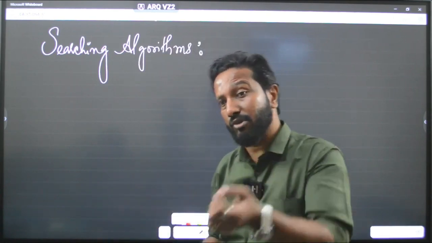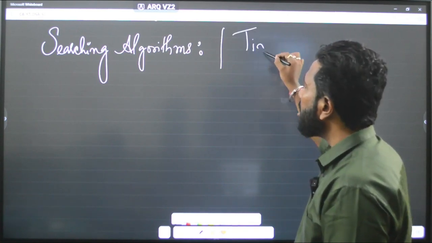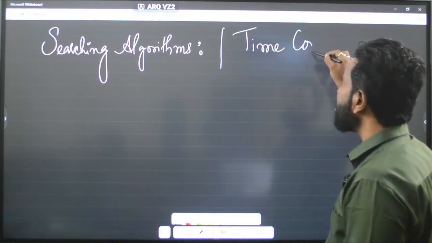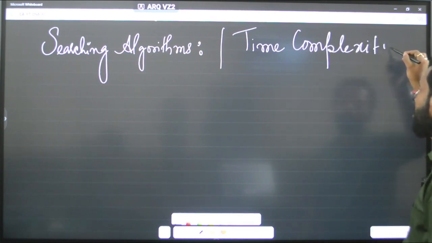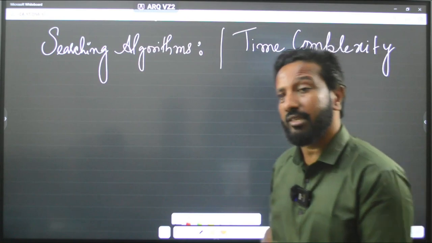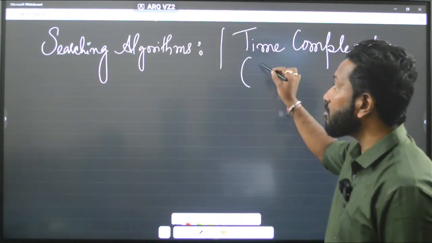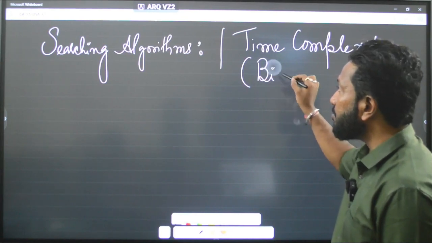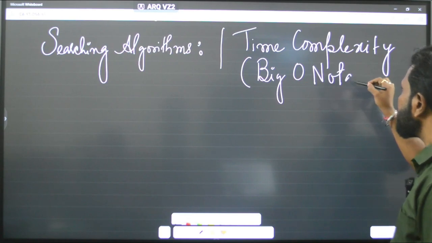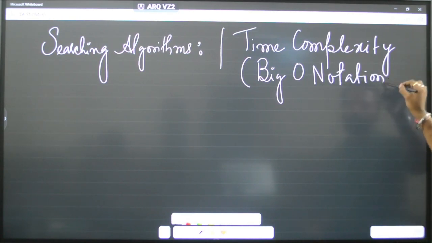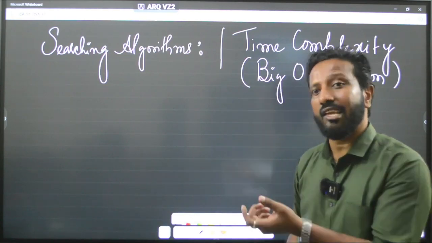And guys, one more very important thing: you should know the time complexity. This is not the practical time complexity, this is the theoretical time complexity. That's why it is also known as the big O notation. We will be learning that for searching algorithms.